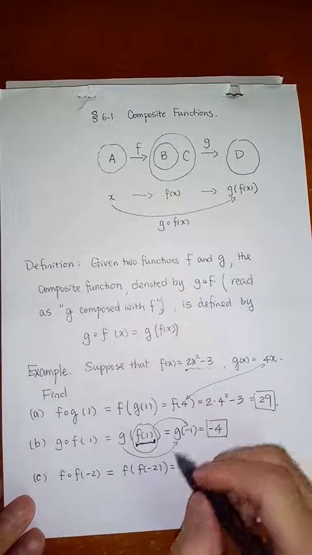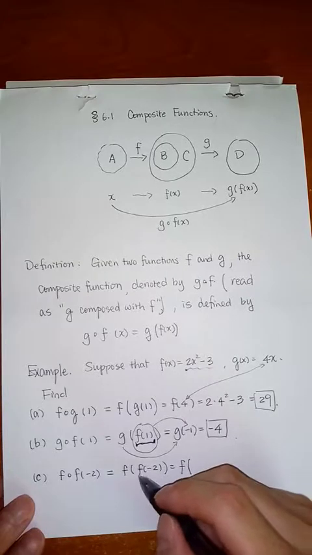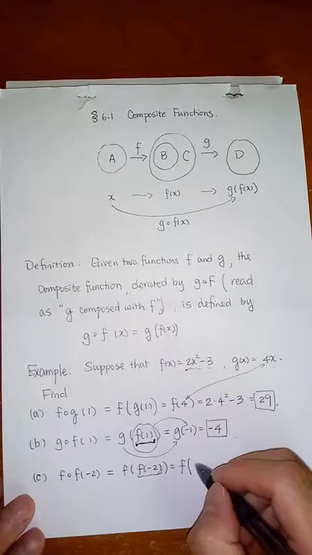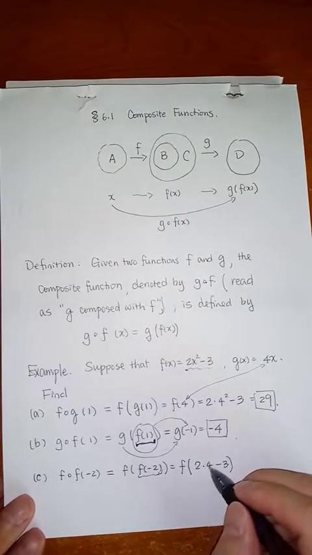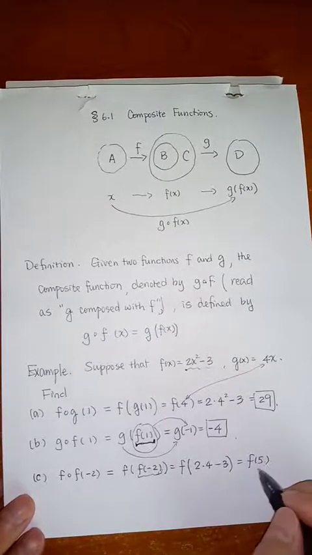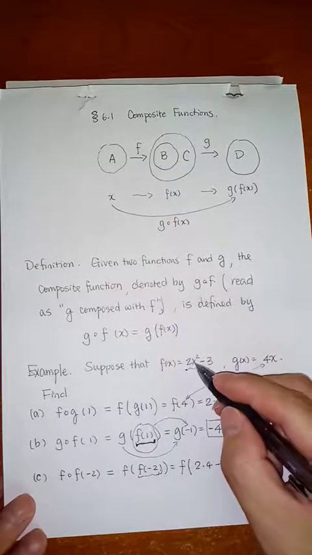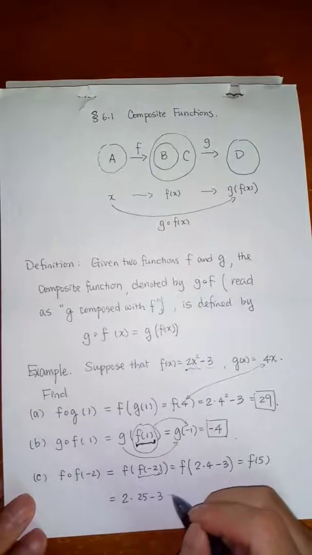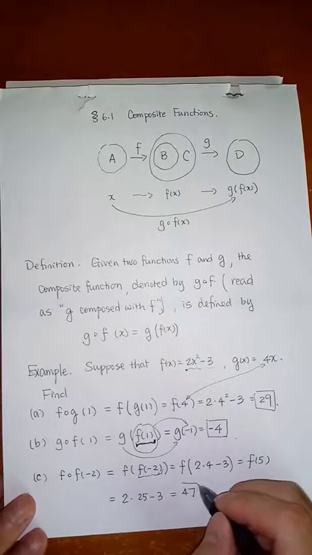You see here, the external function, you copy it, and you evaluate the internal function. f of negative 2: negative 2 squared is 4. 2 times 4 is 8, minus 3 is 5. So you have to evaluate f of 5 to get the final answer. 5 squared is 25. 25 times 2, 50. 50 minus 3, 47.